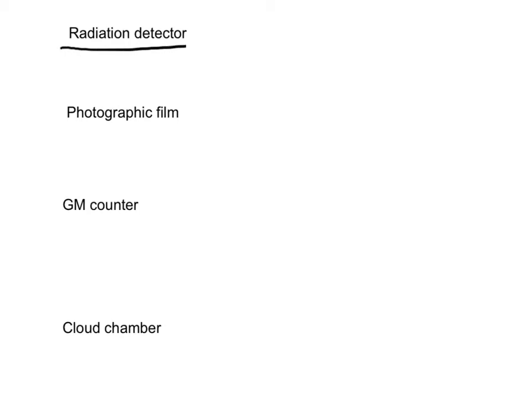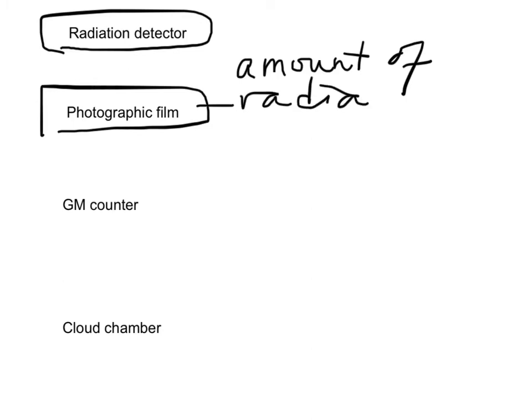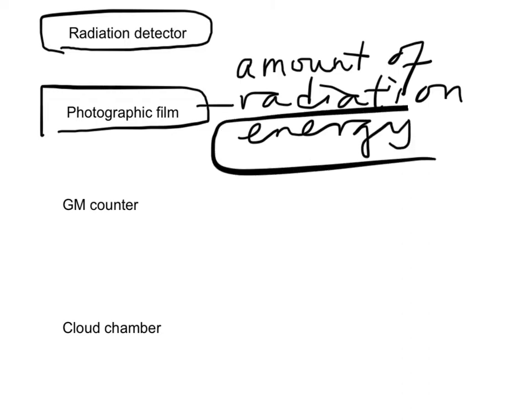Let's compare radiation detectors. For photographic film, it's mainly used to measure the amount of radiation energy. The greater the amount of radiation energy absorbed, the darker the film will be exposed.